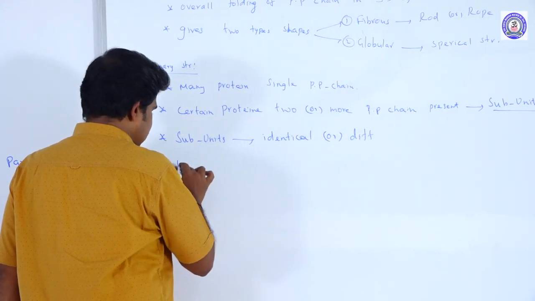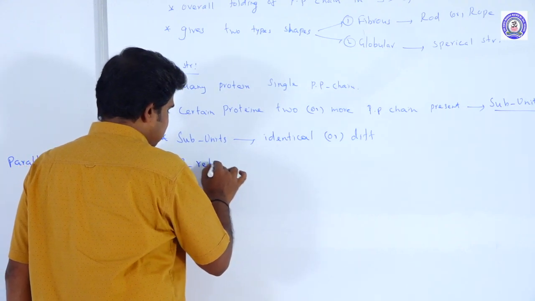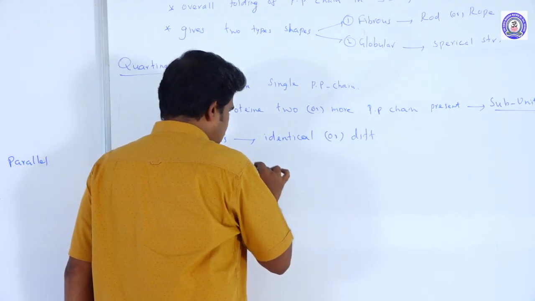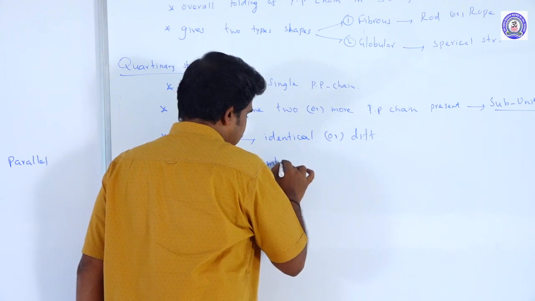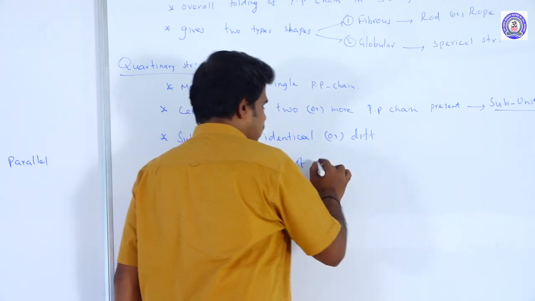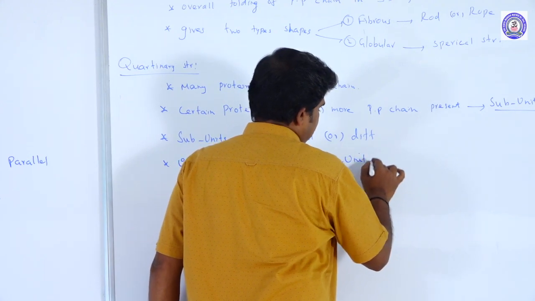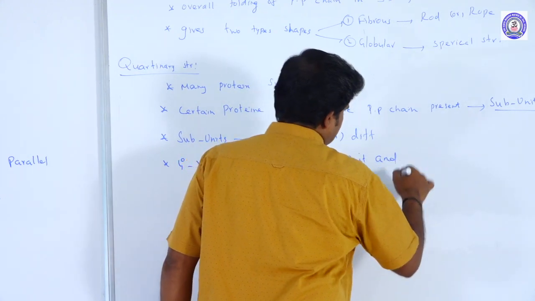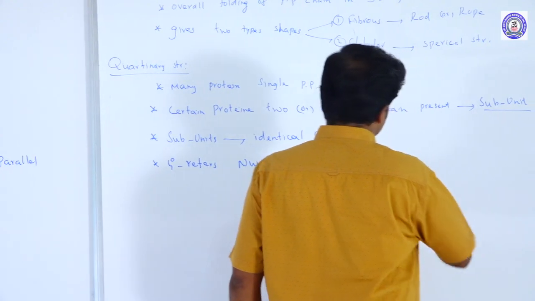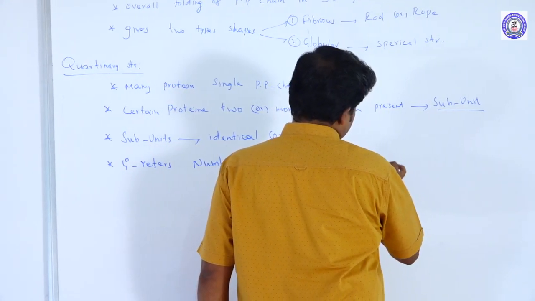So the quaternary structure refers to the number of subunits and their spatial arrangement.